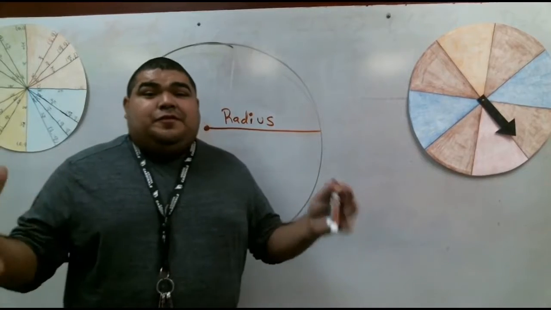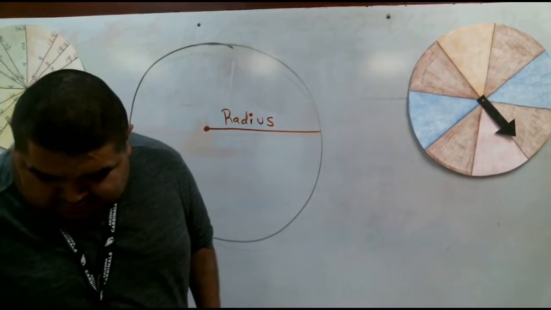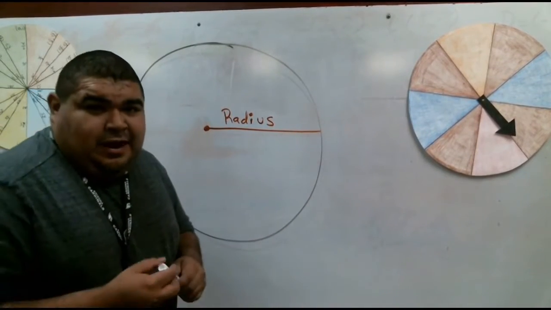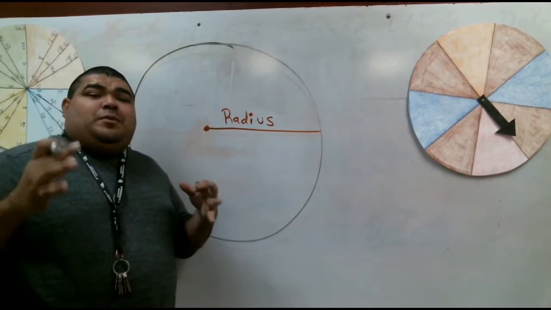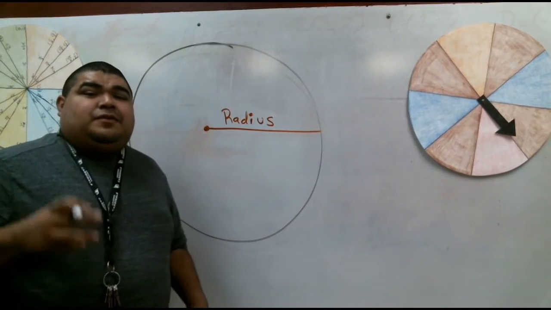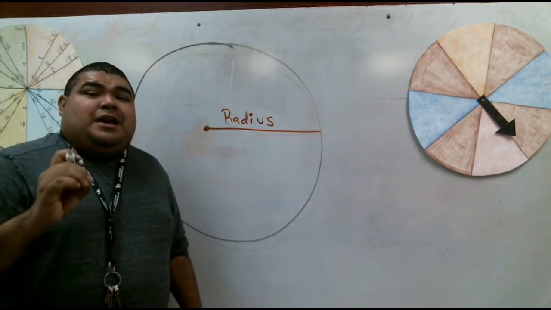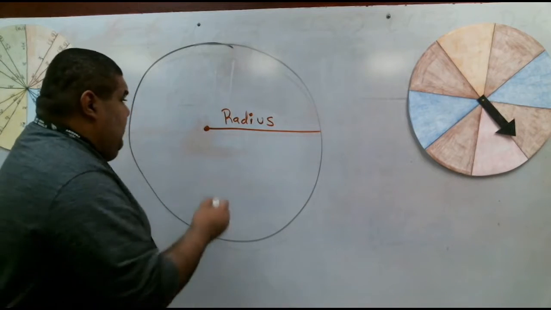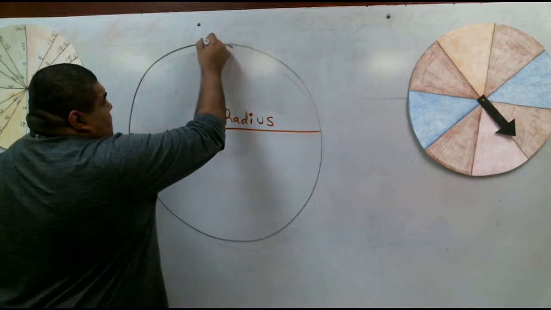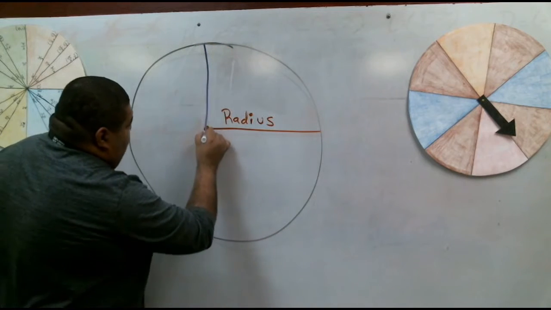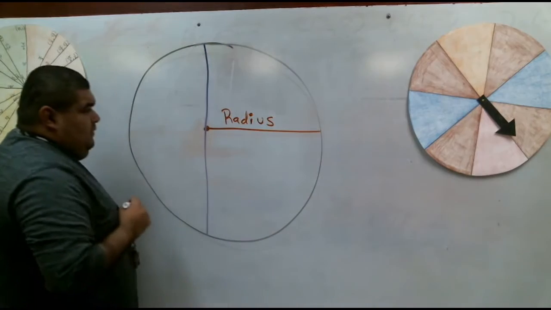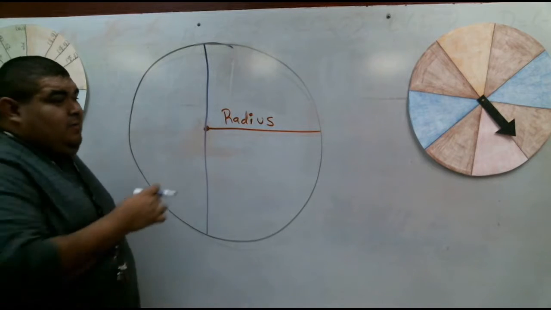Now, I'm going to try to use different colors. If we make a complete line that goes from one edge to the other, but it passes through the center, notice how it passes through the center.